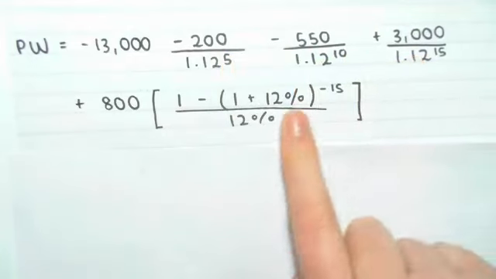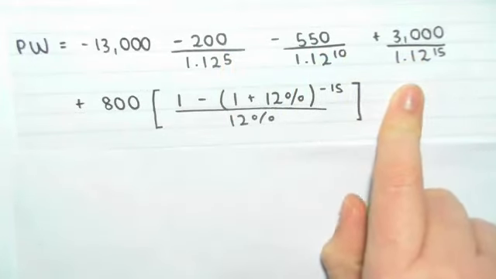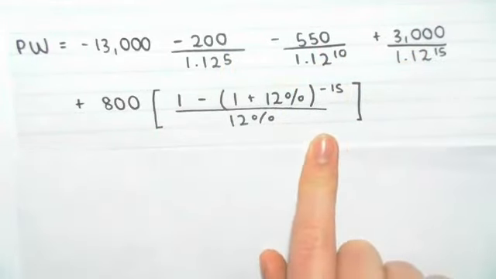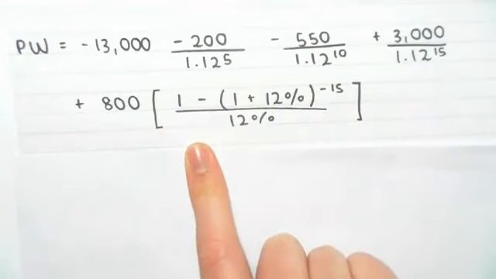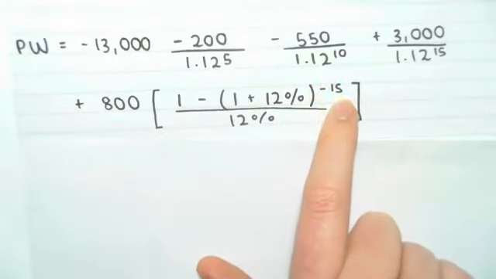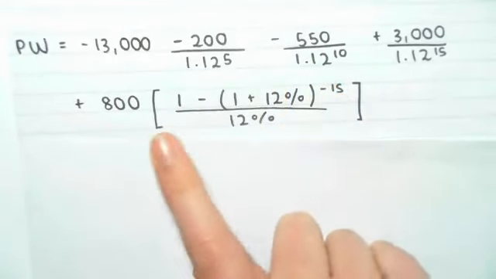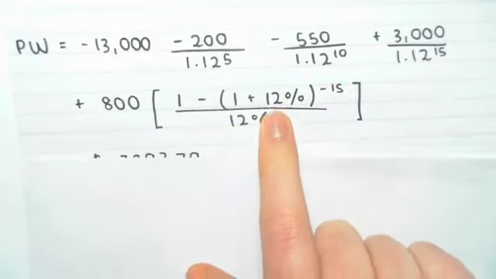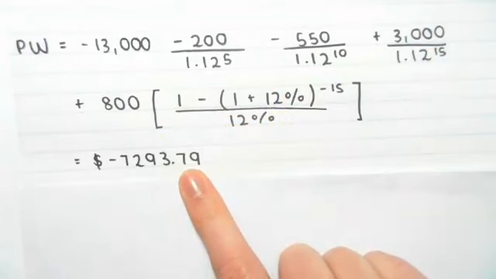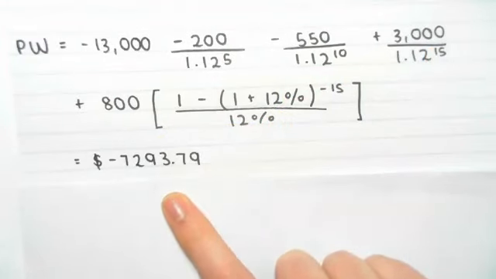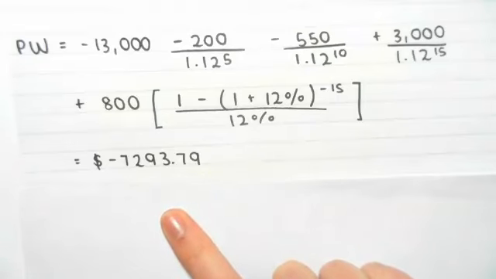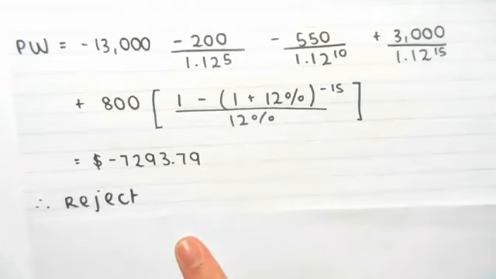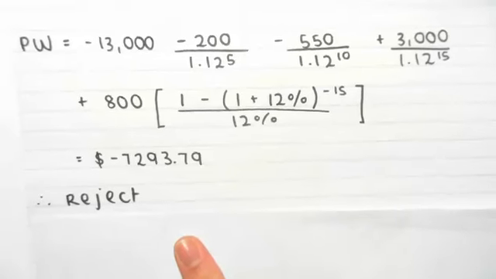They're just single cash flows with no relationship to anything else. But what we do have then is an $800 annuity in each of the years from year 1 to year 15. So we have 15 years worth of this $800 with a discount rate of 12%. So what we get is a net present value of negative $7,000. So it's very much not a profitable power plant, and we should therefore reject the project.